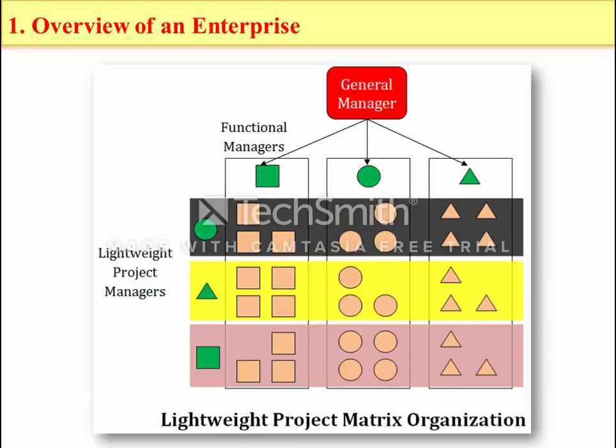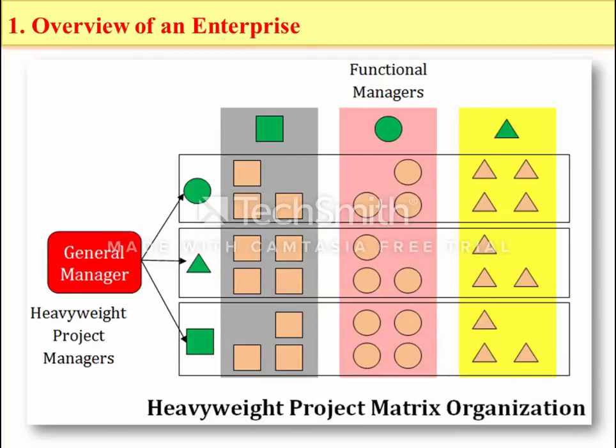Lightweight project management organization. It has 2 kinds of managers, the functional manager and the lightweight project manager. The general manager who has the highest position leads the functional managers who have functional jobs, and the lightweight project manager leads a team drawn from each functional manager's area. And the final one, heavyweight project management organization.